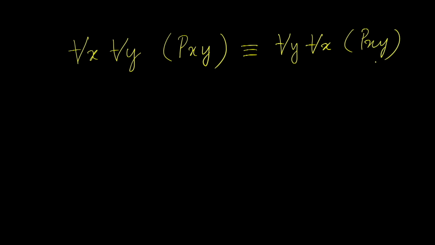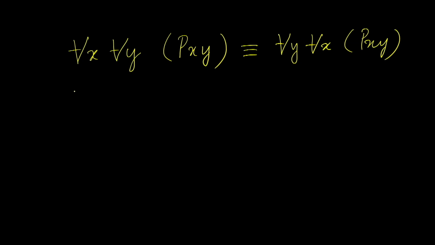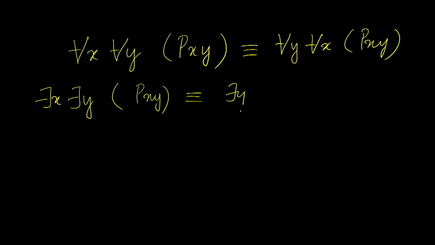Therefore, in a sequence of universal quantifiers, we can change the order of the quantifications. Analogously, there exists x there exists y pxy is logically equivalent to there exists y there exists x pxy. In a sequence of existential quantifiers too, we can permute the order of the quantifications.